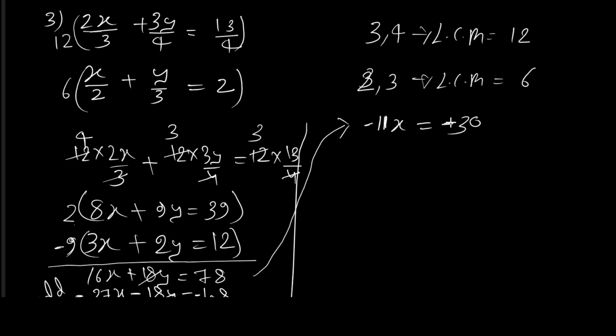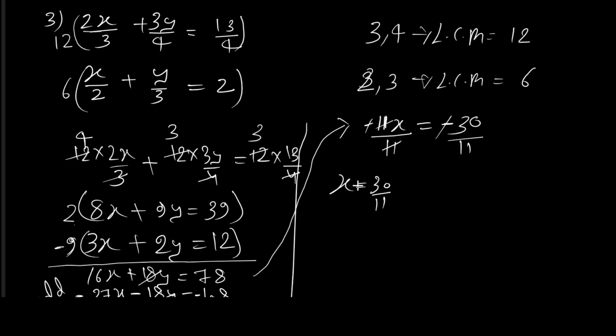And here is also a minus, so minus and minus will cancel out. So I'm going to divide both sides of the equation by 11. This 11 and this 11 will cancel out. So x equals 30 over 11. So here is our solution.